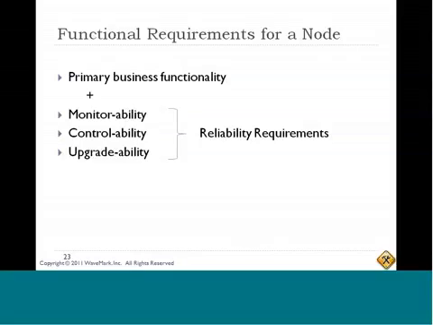It has to be monitorable, it has to be controllable, and it has to be upgradable. We need to know what's going on with it and if it has any issues. We need to be able to tell it what to do, start it, stop it, etc., or make it recover from problems. And we need to be able to upgrade its software in order to either enhance the software or fix any bugs that we might find.